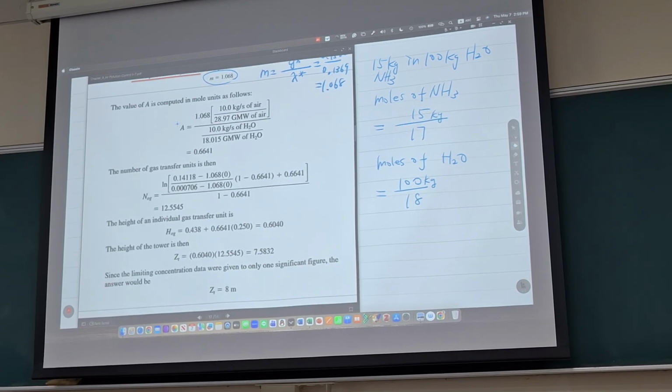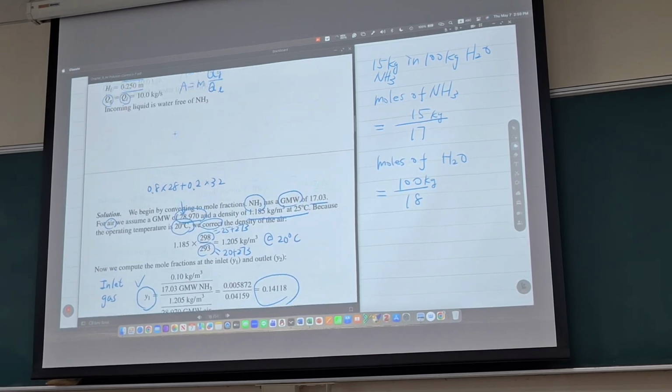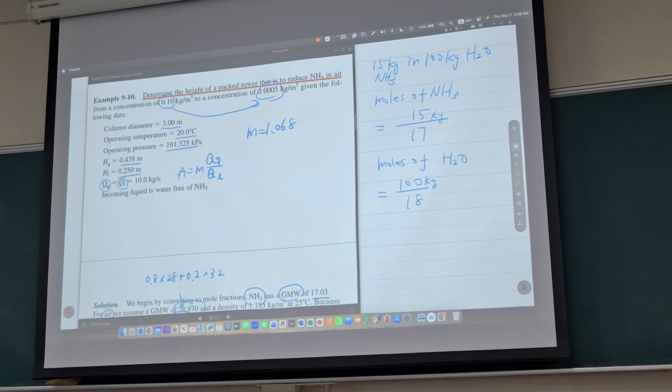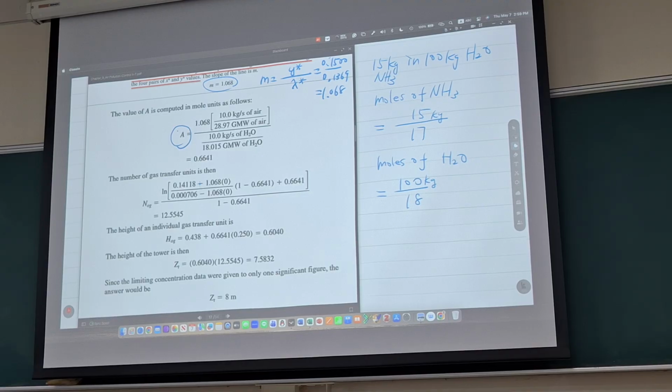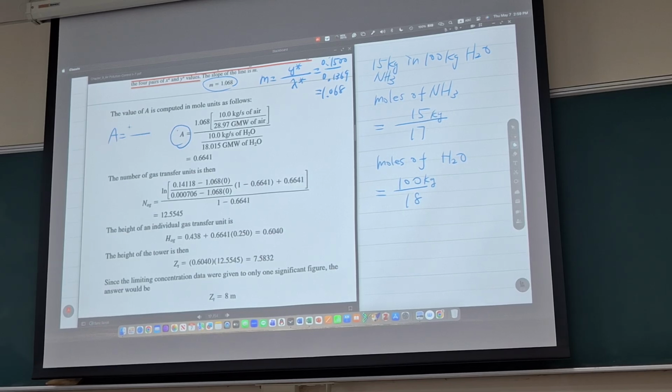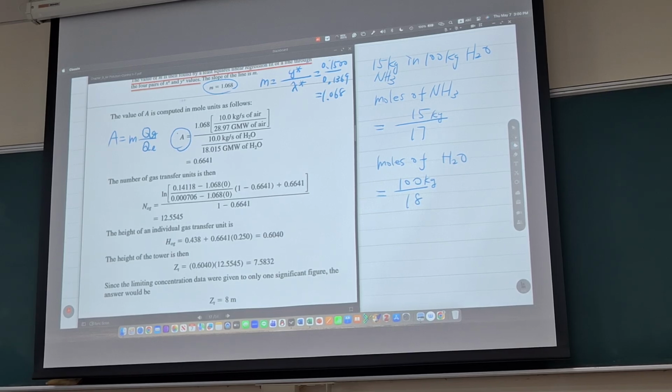Okay, so after that, let's find out A. So A is based on this formula, right? A equals m times QG over QL. QG and QL are given. m is what we just calculated.